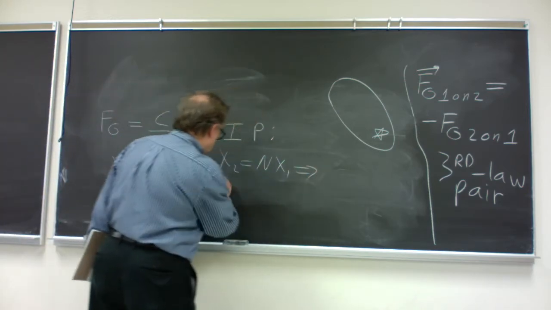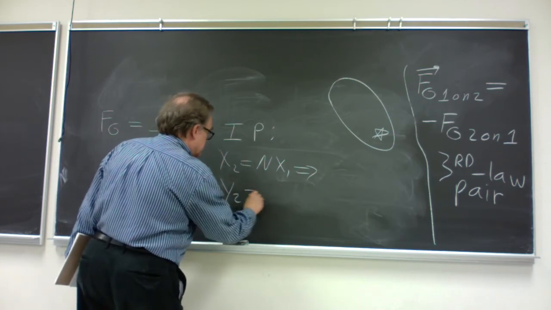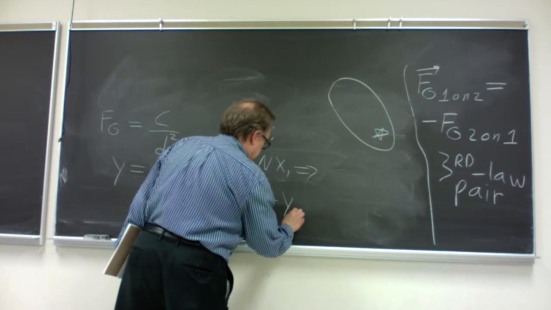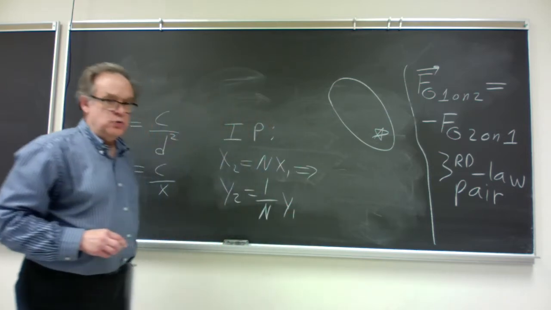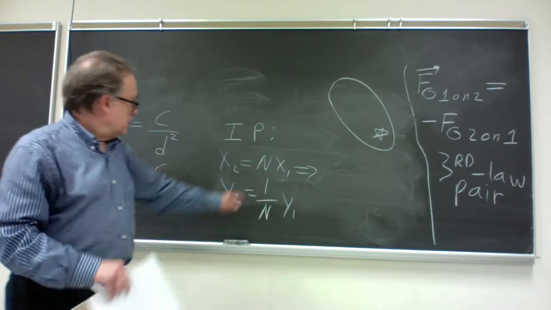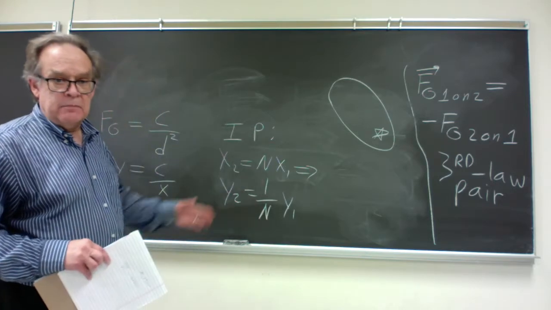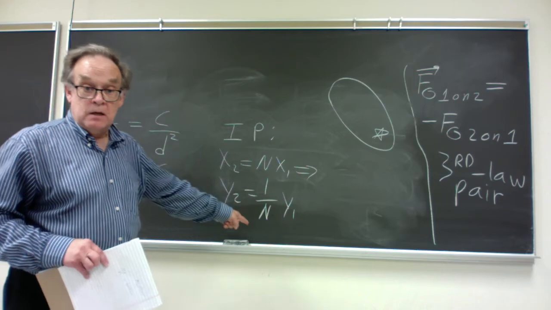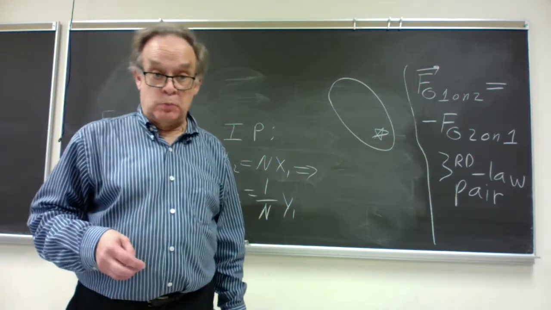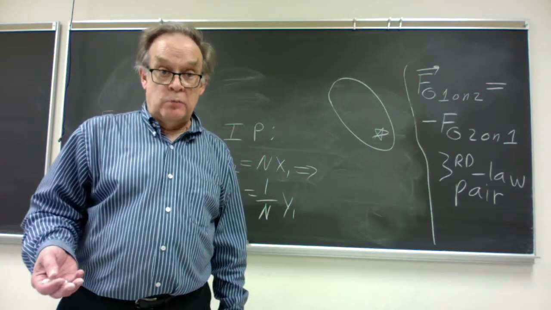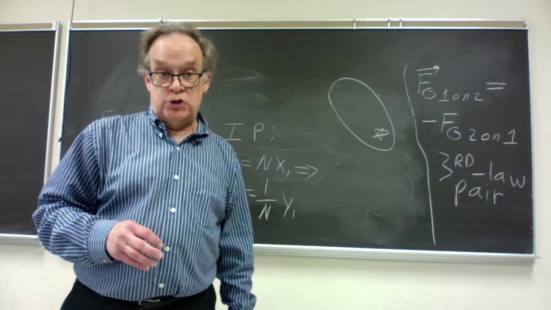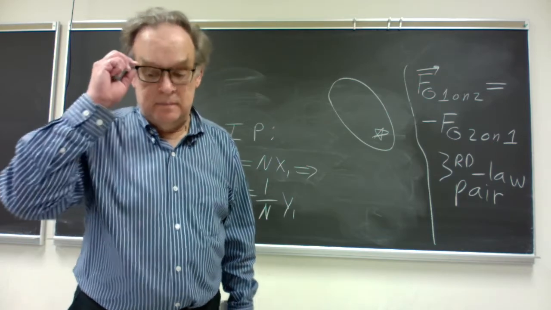This implies that y must change by the inverse of the factor. y2 is 1 over n times y1. If n is greater than 1, then x got bigger, and y got smaller. That's always the way things work in inverse proportionality. When one variable gets bigger, the variable that it's inversely proportional to gets smaller.